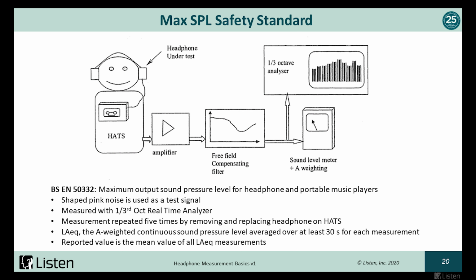So what you need to know is that in the US, the ANSI standard or OSHA recommends no more than 90 dB SPL, A-weighted, for up to 8 hours. Otherwise, you're damaging your ears. And in Europe, it's the IEC standard, I believe, and it's 86 dB.